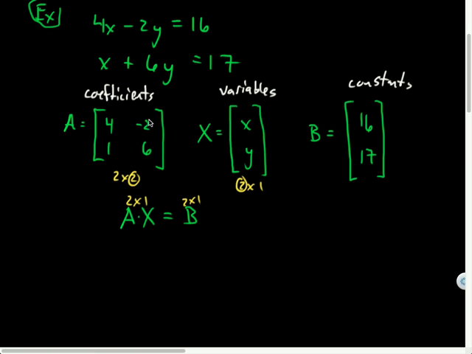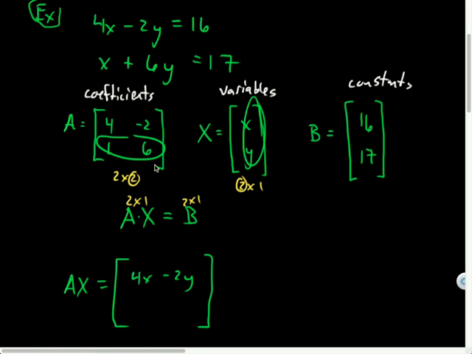Let's multiply A times X just to see what happens. So what is A times X? Well, I would multiply this row by this column, right? And I would get 4x minus 2y, right? And then I'd multiply this row by this column, and I'd get 1x plus 6y, right?